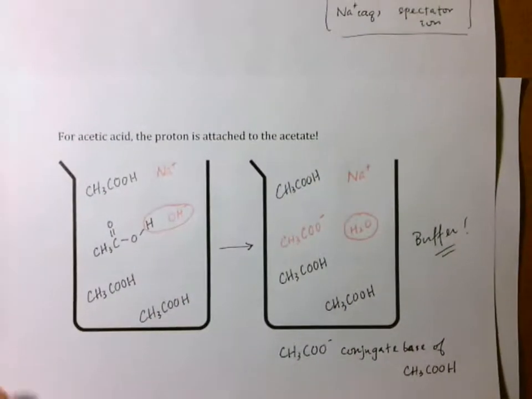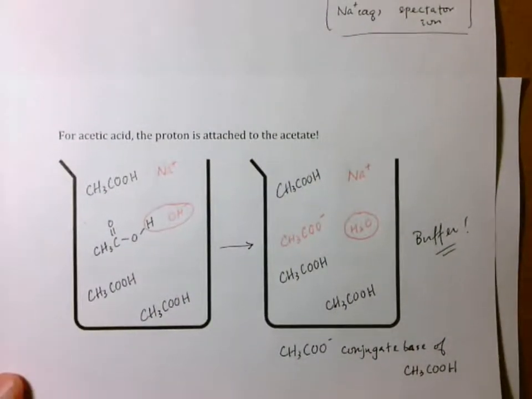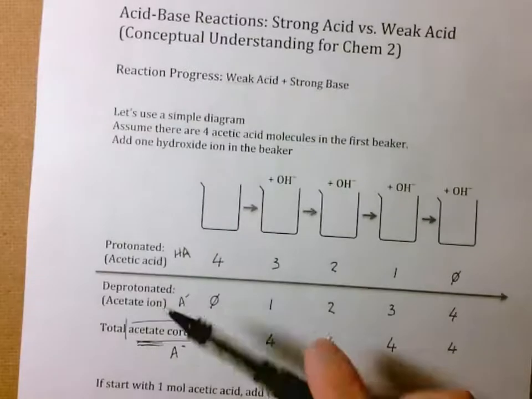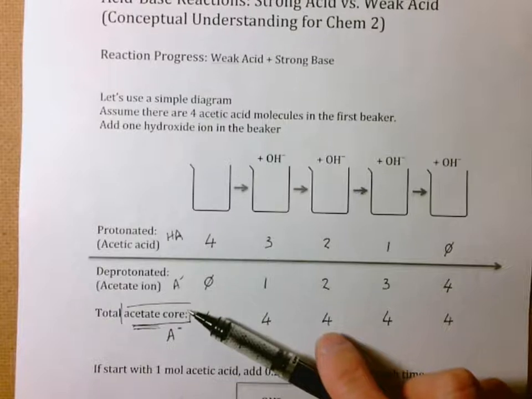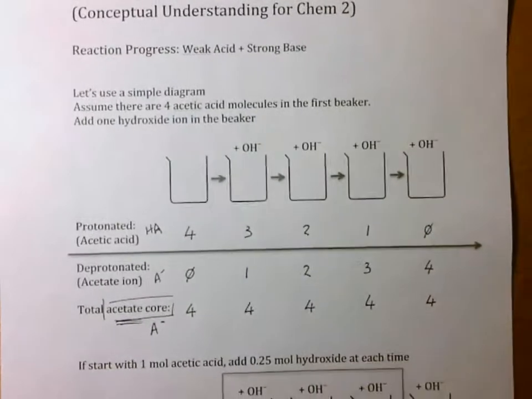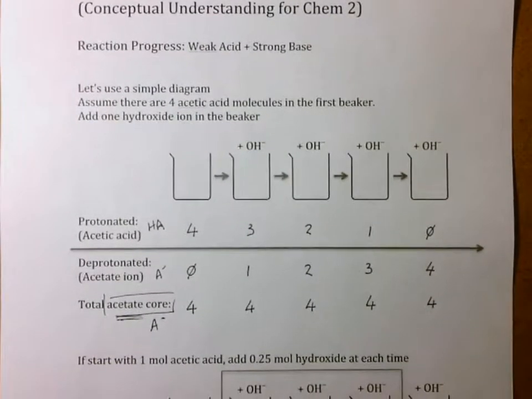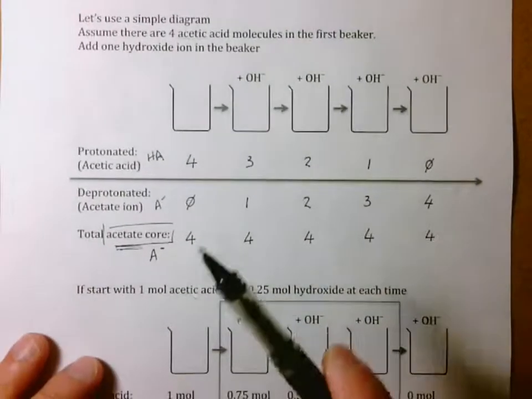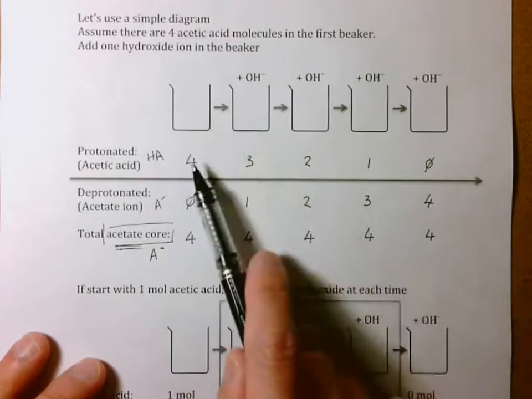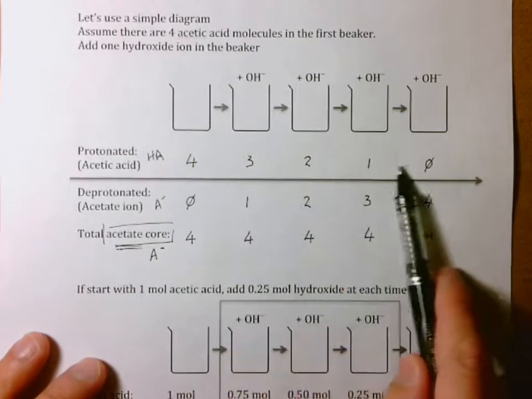So these terms are used interchangeably: acetate ion, acetate core. I hope this clarifies a little bit what that means and why weak acid reaction is so different.